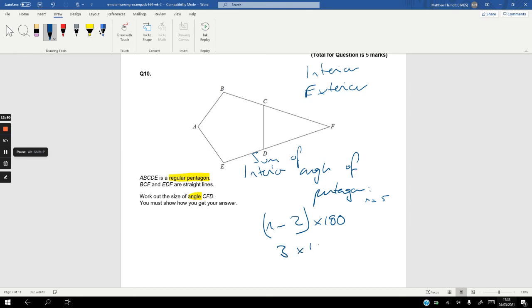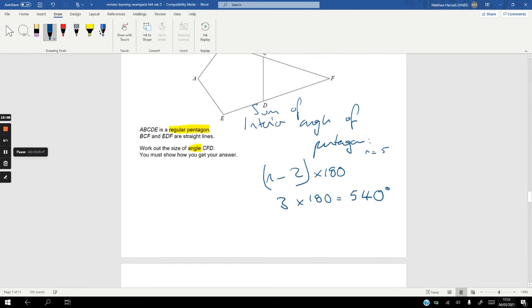So that's 3 times 180, which is 360 plus 180, 540 degrees.